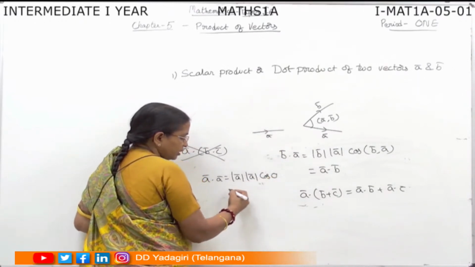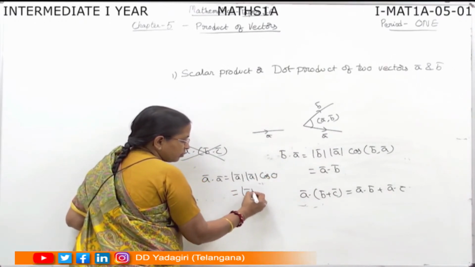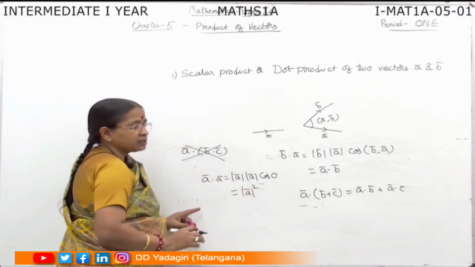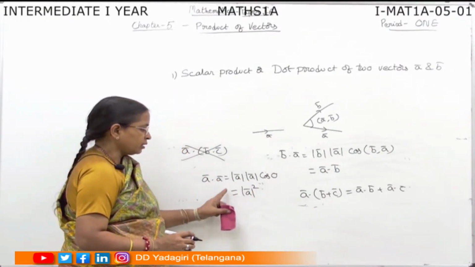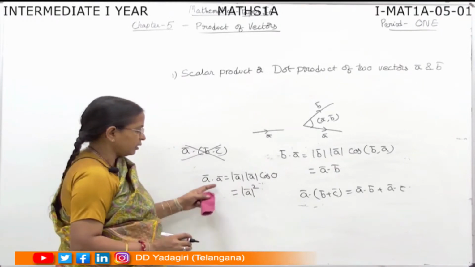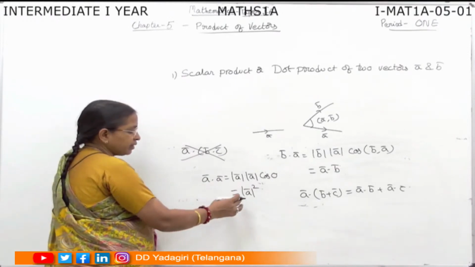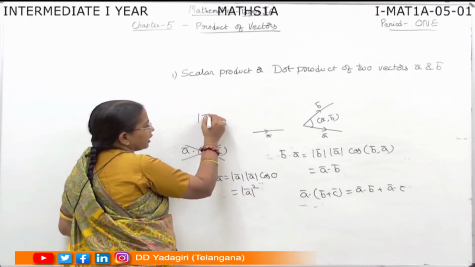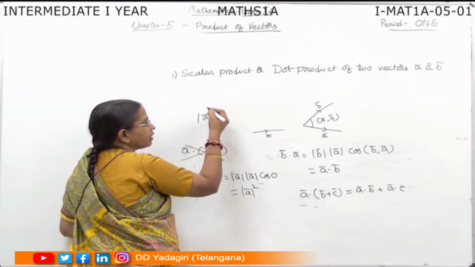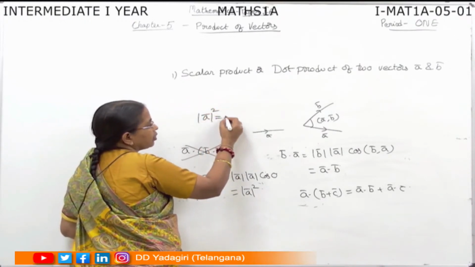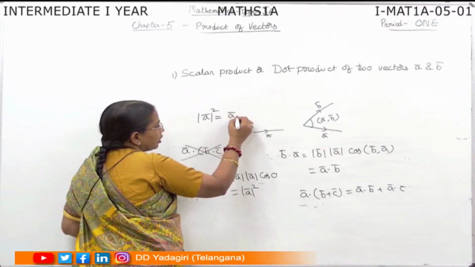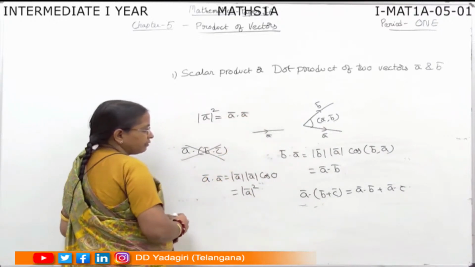So cos 0 is 1. So it is mod A square. So A dot A is equal to mod A square. This property is very, very important, and in most of the problems, wherever we come across this mod A, we'll write mod A square. We'll square on both sides. We write mod A square as A dot A, and then we use this definition.